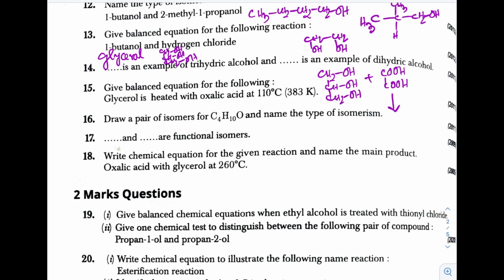When it is heated at 110 degrees Celsius, it produces formic acid, carbon dioxide and water.